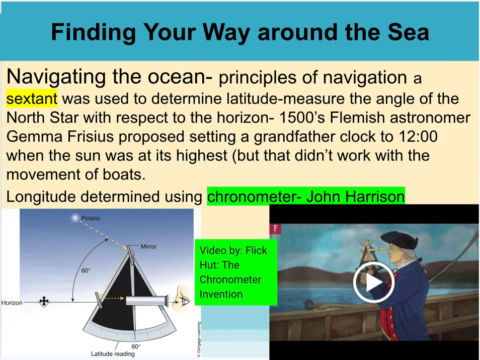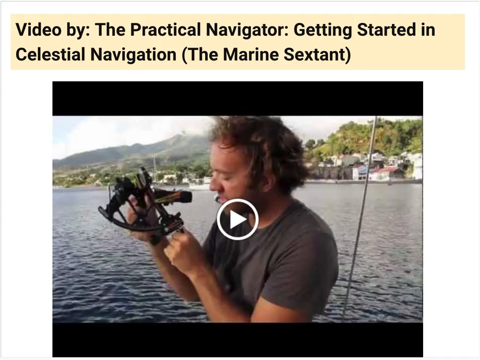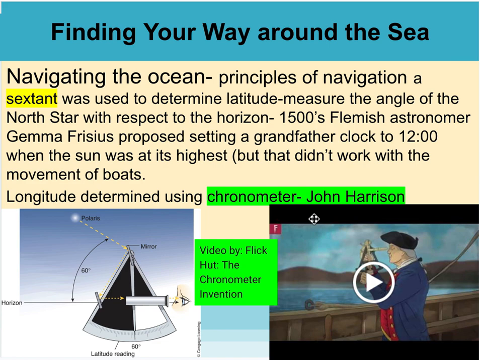It was first invented in the 1500s, and it is extremely complicated. Here is a video called The Practical Navigator: Getting Started in Celestial Navigation Using the Marine Sextant. It's very complicated how this worked, and it made it hard to use.